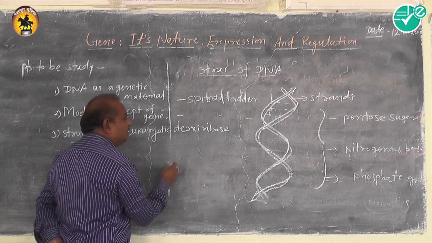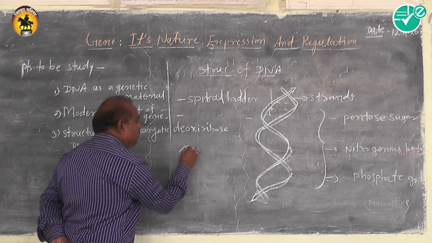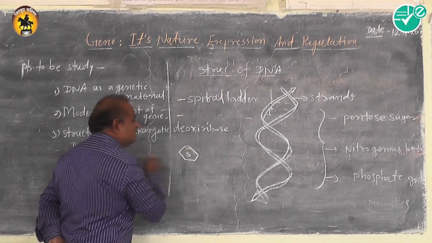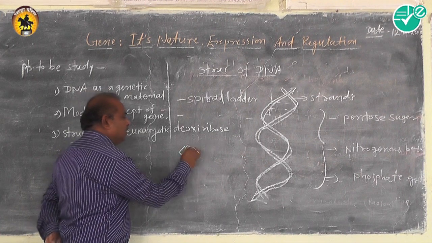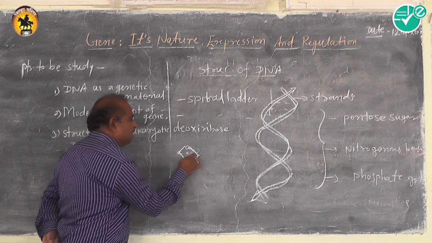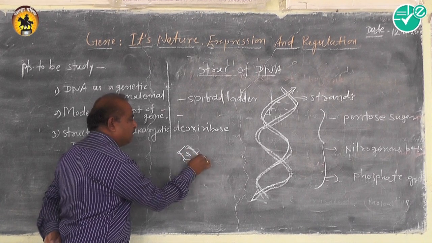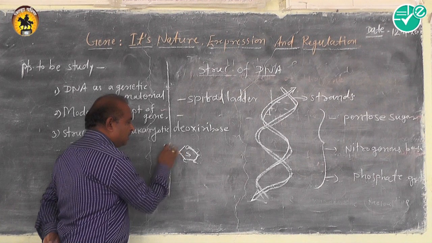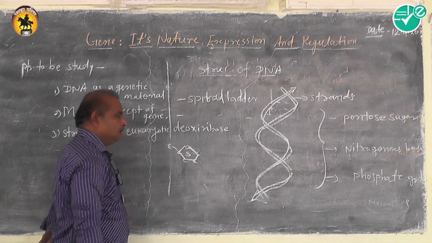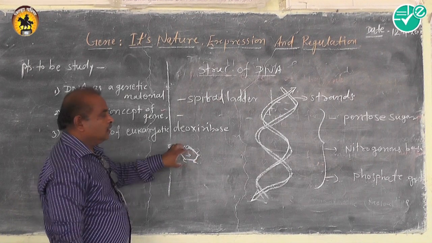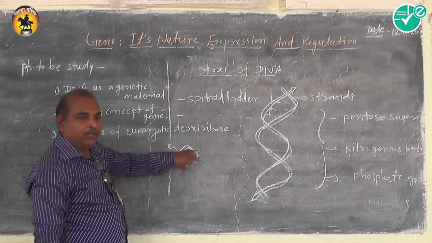First of all, there is a pentose sugar. Suppose this is a pentose sugar. If we number the pentose sugar in the clockwise direction, there is carbon number 1, carbon number 2, carbon number 3, carbon number 4, and the fifth carbon is out of the ring. Such 5 carbons are there in the pentose sugar, so it is called pentose sugar.